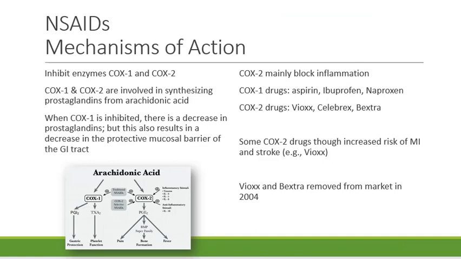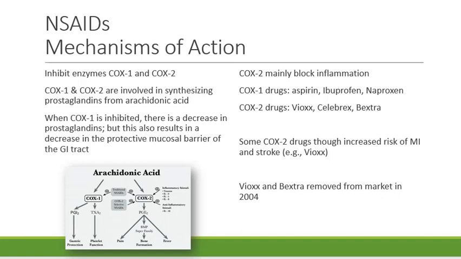So, looking at the mechanisms of action, NSAIDs inhibit the enzymes COX-1 and COX-2. COX-1 and COX-2 enzymes are involved in the synthesizing of prostaglandins. If you remember back to last week's lecture, prostaglandins are one of the components of the inflammatory process, and we looked at different treatments and how they might impact prostaglandins, and how that could potentially help pain.